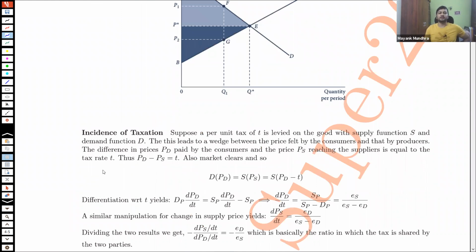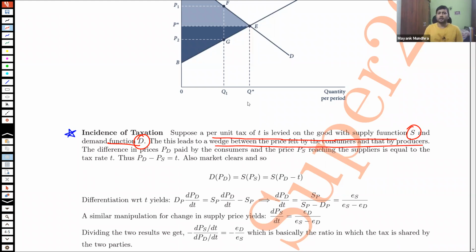Incidence of taxation. This is an interesting topic. Suppose a per unit tax of T is levied on a good with supply function S and demand function D. This leads to a wedge between the price felt by the consumers and the producers.